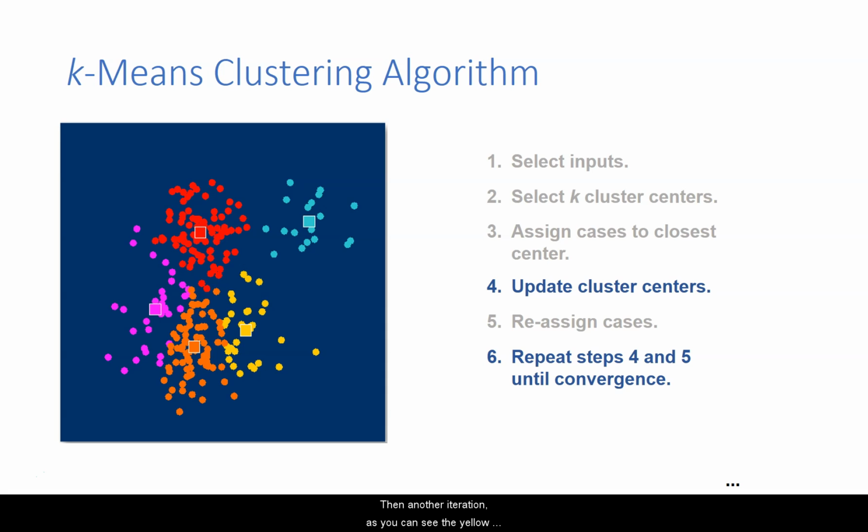Then another iteration. As you can see, the yellow cluster got even bigger. Another iteration here, and another iteration. And finally, we reach convergence, when the cluster centers or the cluster structure will no longer change.